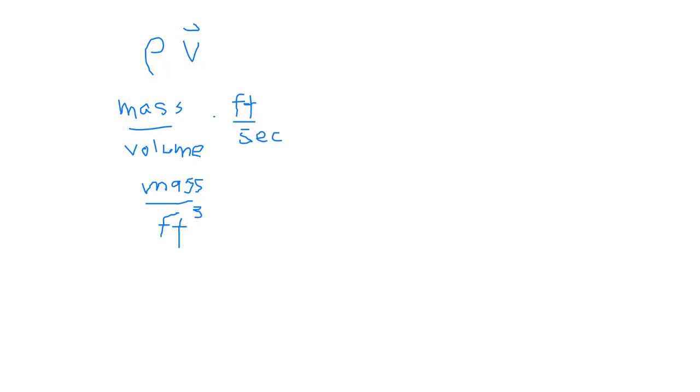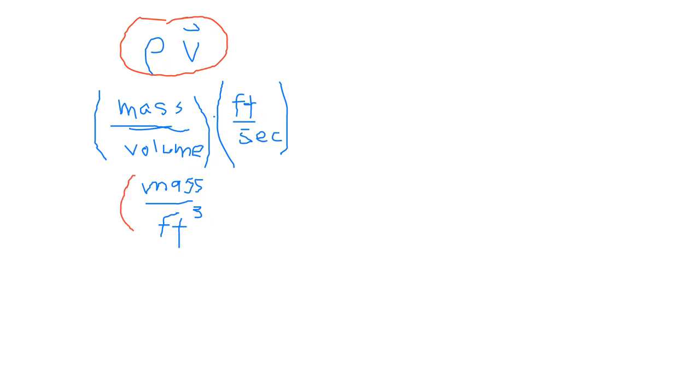I'm talking in terms of units. We're looking at this rho, the density, times the velocity vector, and I'm trying to justify why the units for that are going to be mass per unit time per unit area. So mass over volume, an example of that could be mass over cubic feet. And then you've got the feet per second here.